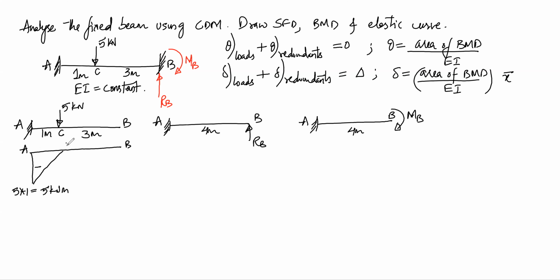These are the points A, B, C. And for cantilever with RB, we get a sagging bending moment diagram. So this is positive, and the bending moment at A will be 4 times RB, and the bending moment diagram for cantilever with end moment will be a hogging BMD.